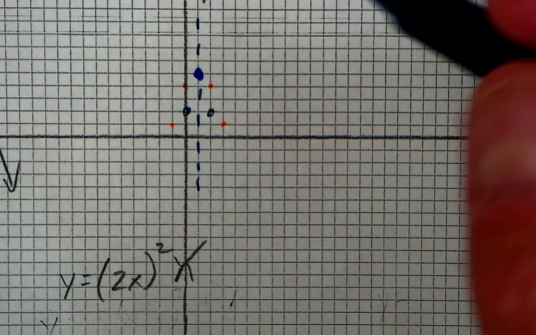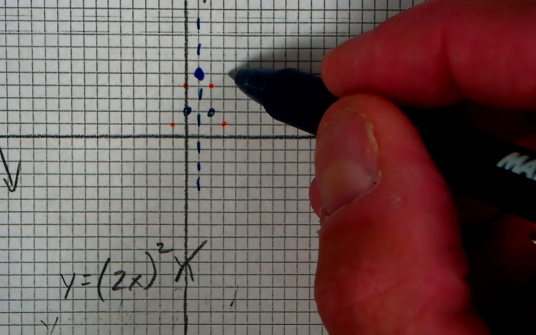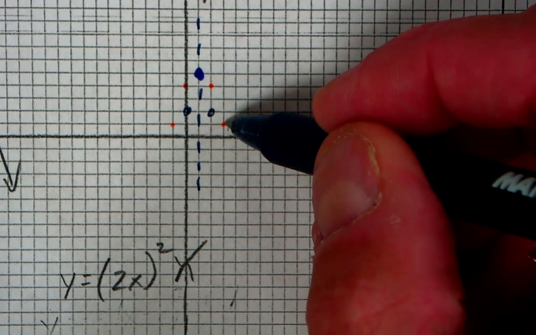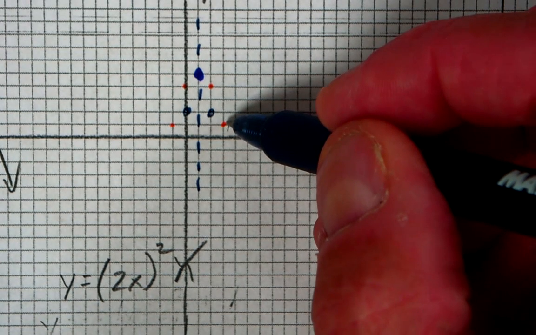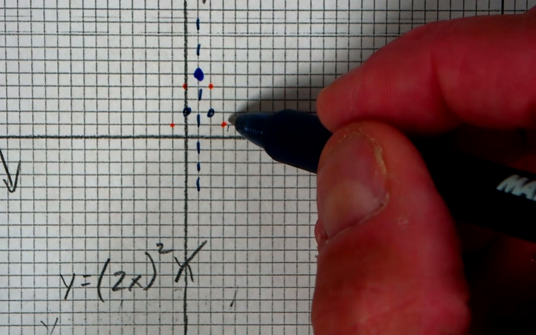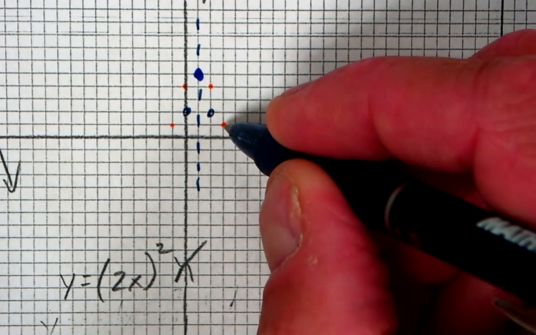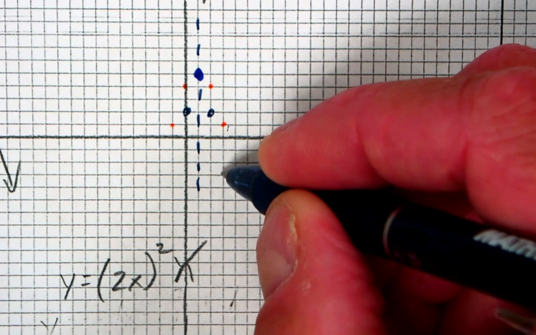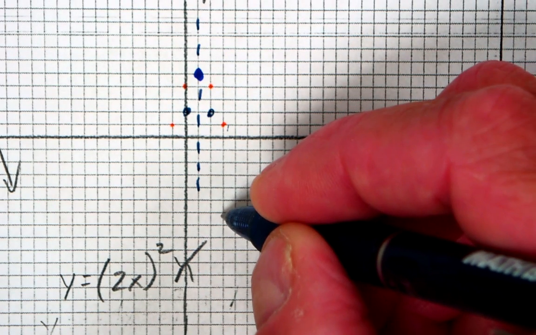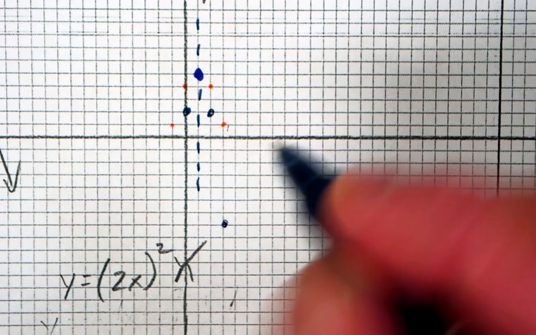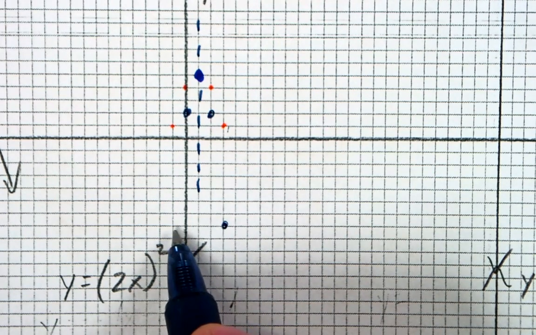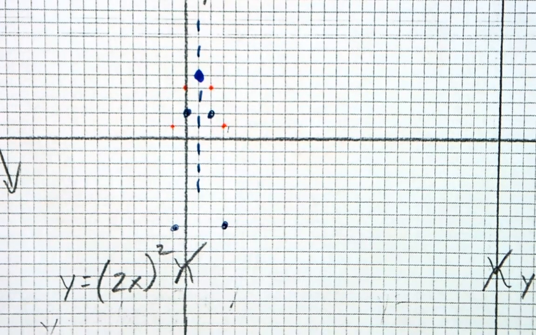On my next one, it was over 2, down 4. Now I'm going to have to go 3 times that much due to that magnification factor of my vertical. So instead of down 4, I'm going to go down 12. And if I have my line of symmetry drawn, I can see that it's over here.